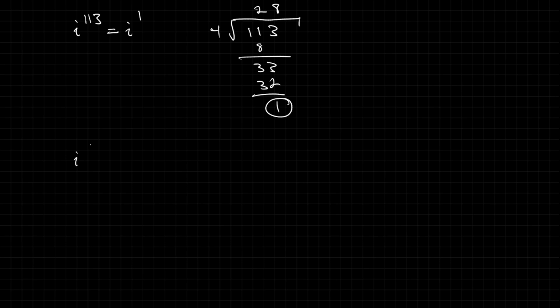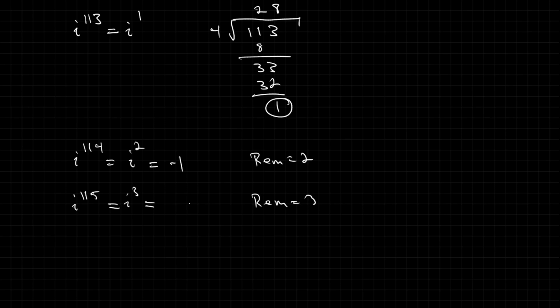If you wanted to do i to the 114, you would find that instead the remainder would be 2, and so this would be the same as i squared, which is -1. And finally, if you were to do i to the 115, you would find that the remainder when you do 115 divided by 4 is 3. And so this is i cubed, which is -i.